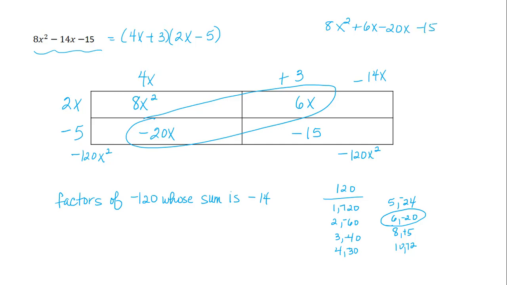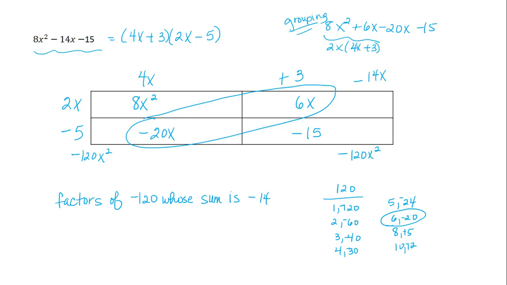And the difference here is that I would have to use grouping to factor this instead of that box method. I think the box method really makes things easy because you're just looking at the rows and the columns. But here I would have to group the first two and the last two together. So between 8x squared and 6x, there is a 2x common. And 2x into 8x squared is 4x. 2x into 6x is plus 3.